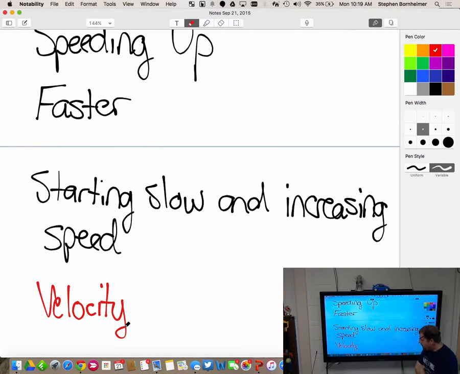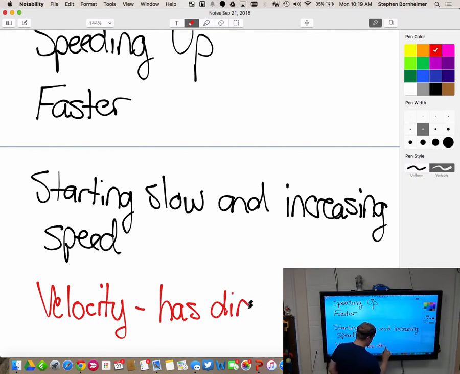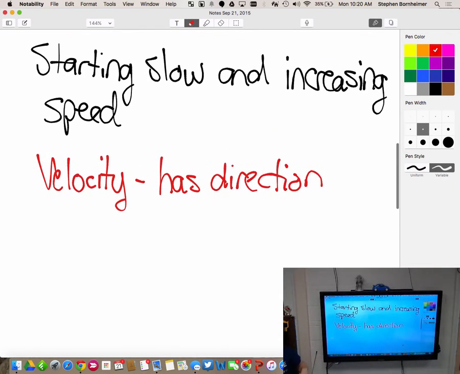Okay. Velocity. Parker, you're right. Direction is important. So velocity has direction. Now, I want you to make an inference here. If acceleration uses velocity in the definition and not speed, then acceleration is going to have to depend on what also? Direction. Direction is going to be important for acceleration as well.